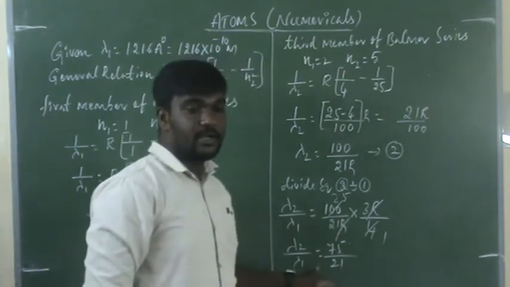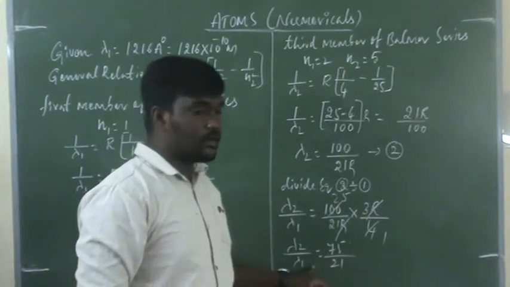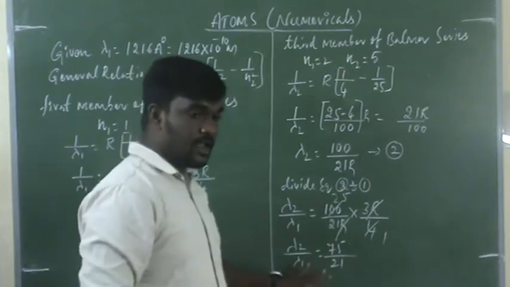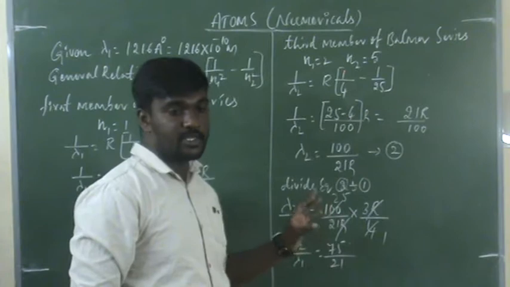So we already know lambda 1, which is 1216 angstrom. Substitute that value. We want lambda 2, the third member of the Balmer series.